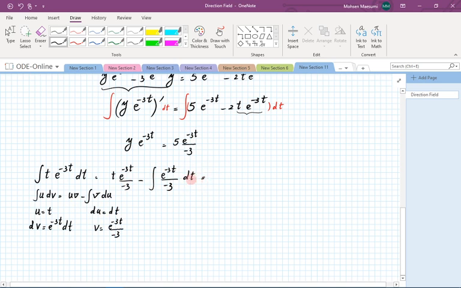So I clean this up one more round. So I'll have t exponential of minus 3t over minus 3. Minus and minus is going to be plus. I have to divide by another factor of minus 3. So that's going to become minus again. Minus exponential of minus 3t, divided by another 3. This makes it 9. Okay, so that's the antiderivative of this.